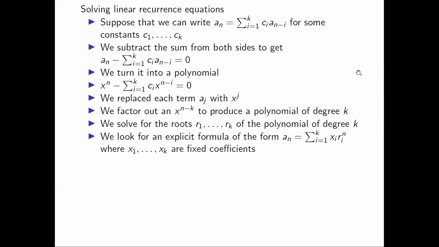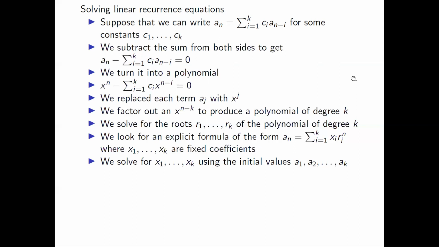We will look for an explicit formula of the form a sub n equals the sum from i equals 1 to k of x sub i times r sub i to the n, where x1, x2, up to xk are fixed coefficients. And we're going to have to solve for the x1, x2, up to x sub k. And we'll use the initial values of the sequence to solve for them. And those initial values are a1, a2, up to a sub k.